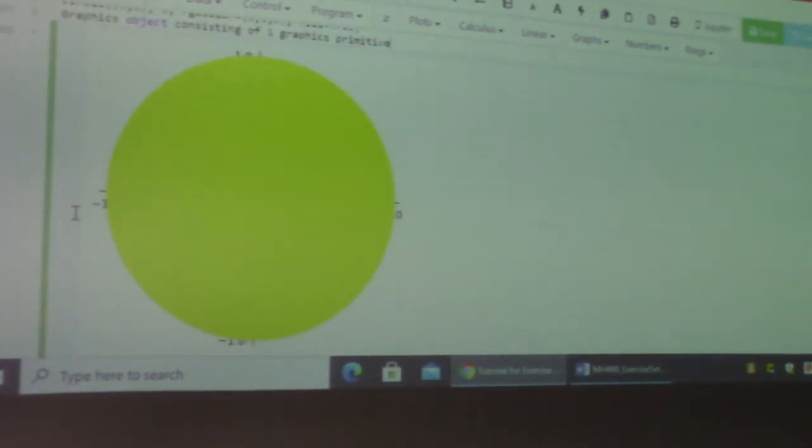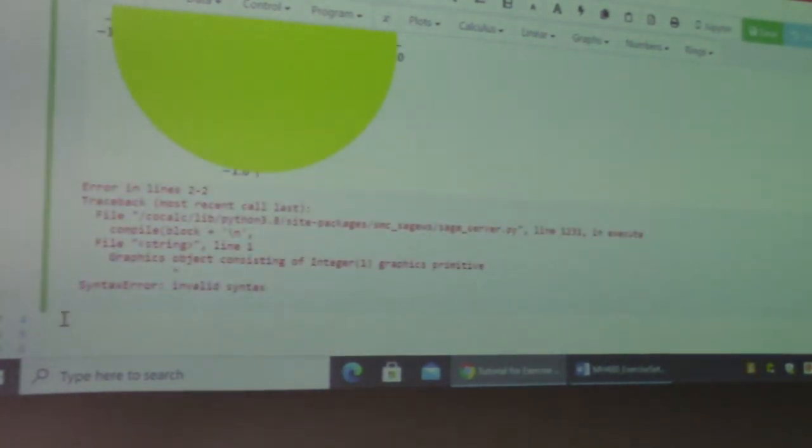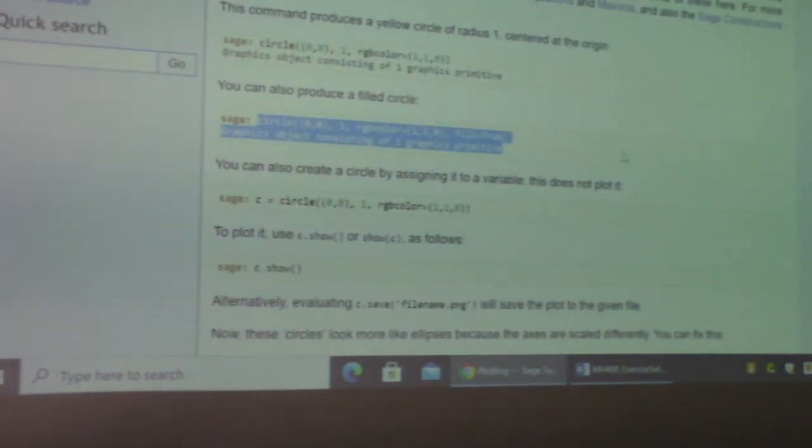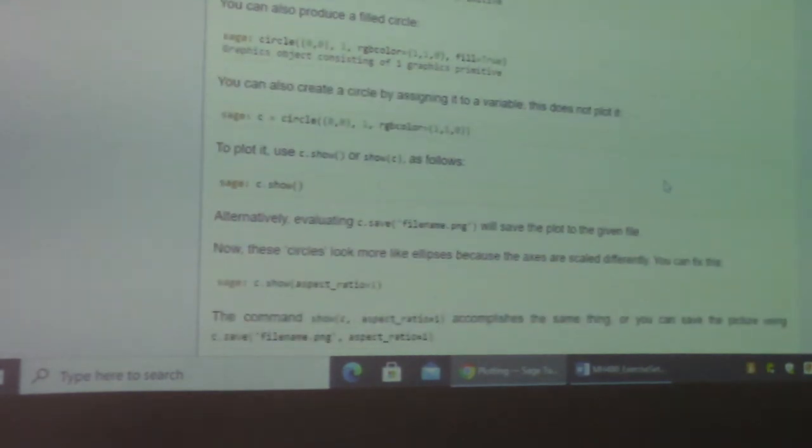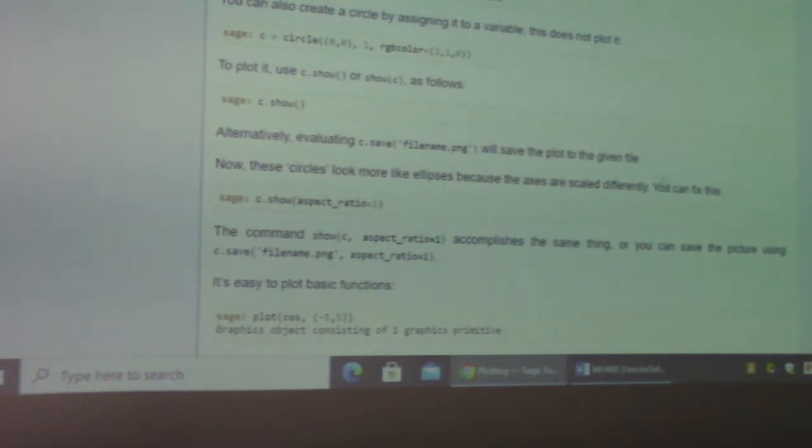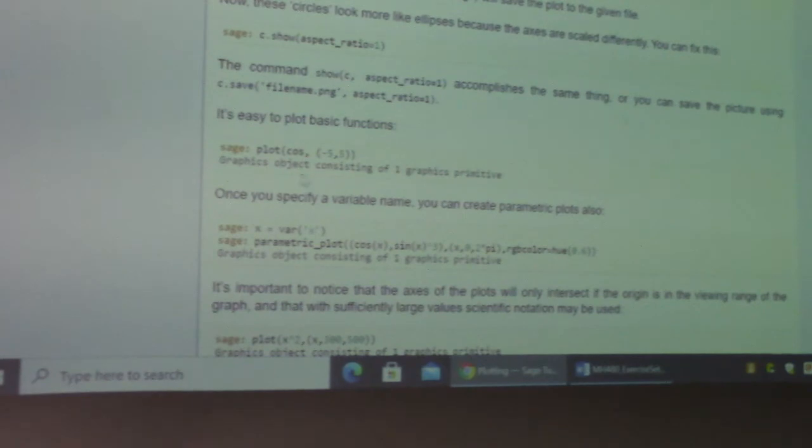Well, it's giving me an error, but if it's not giving you guys an error, whatever. Anyway. Let's see here. I'm really more interested in how to plot basic functions, like here, plot cosine from -5 to 5. That's interesting.